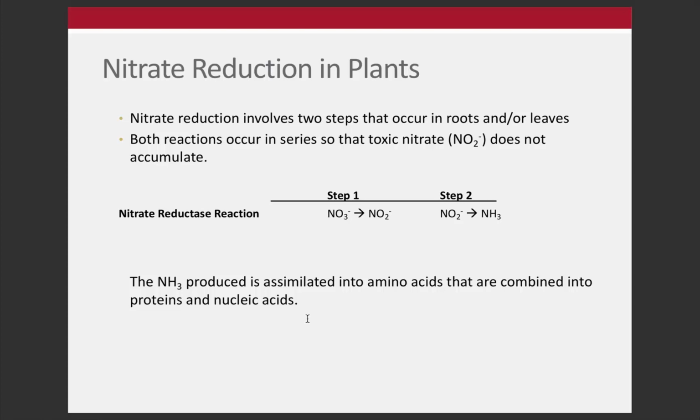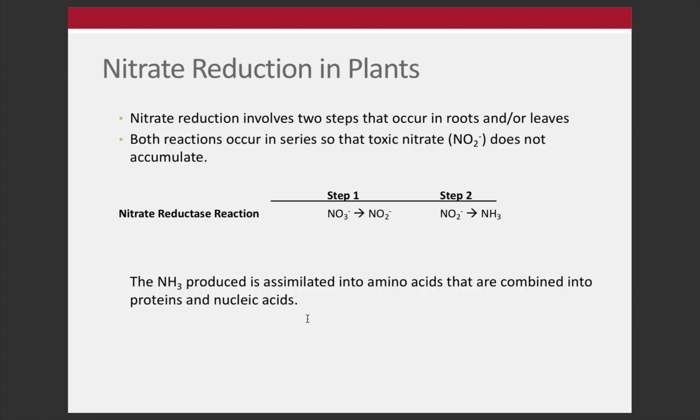This has two steps. Step 1 goes from nitrate, NO3 minus, to nitrite, NO2 minus. The second step is nitrite to ammonia, NH3. The reaction occurs in a series because plants have a very low tolerance for nitrite.